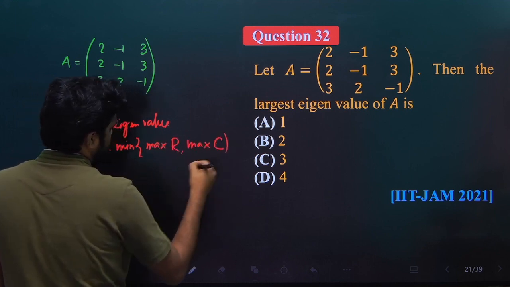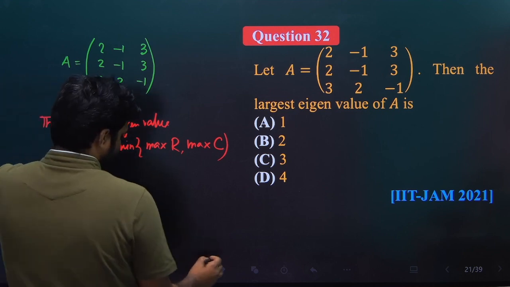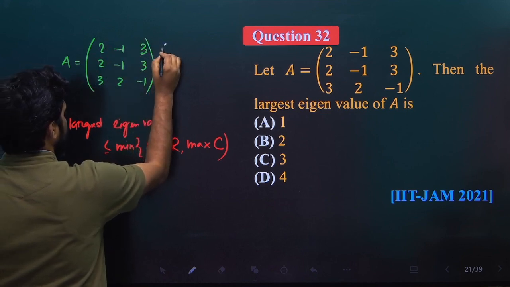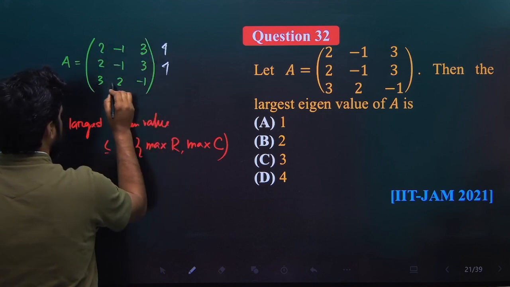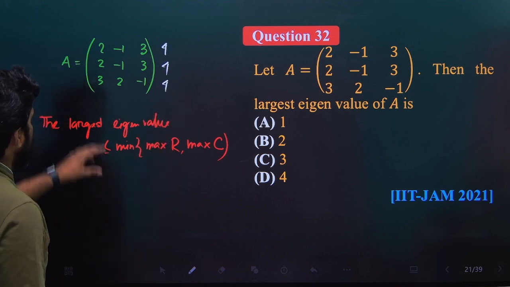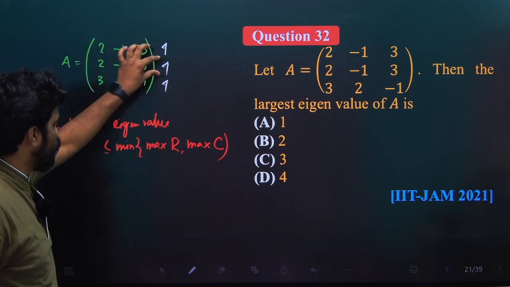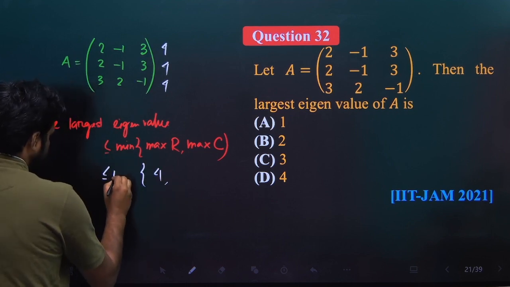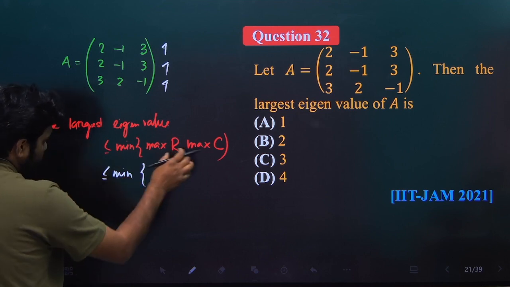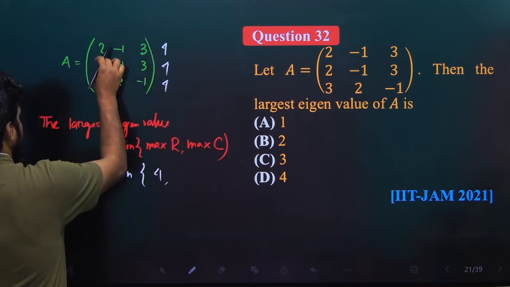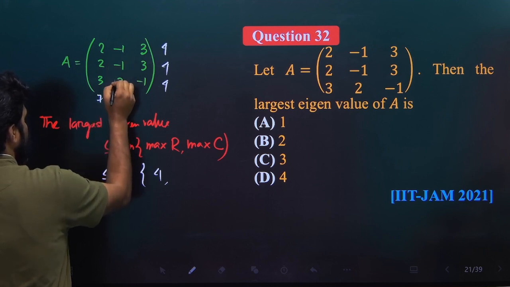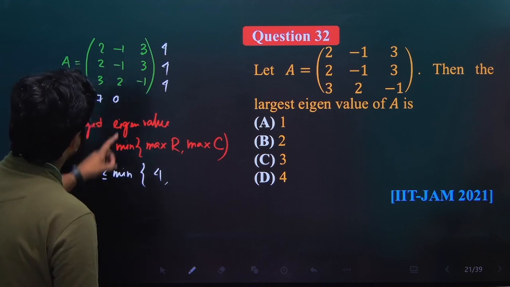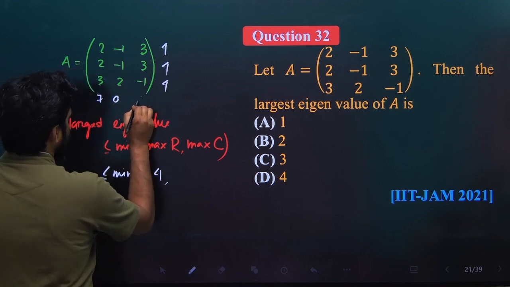Okay, so just see row sum 3 plus 2 is 5, 5 minus 1, that is 4, this is 4, this is 4, right? So maximum value প্রত্যেকটা রো এর সাম করলে 4 পেলাম, এর ম্যাক্সিমাম ভ্যালু হচ্ছে, ওকে, so this is less than or equal to minimum of maximum C. So 2 plus 2 is 4, 4 plus 3 is 7, this will be 0, right? 3 plus 3 is 6, 6 minus 1, that is 4, ঠিক?